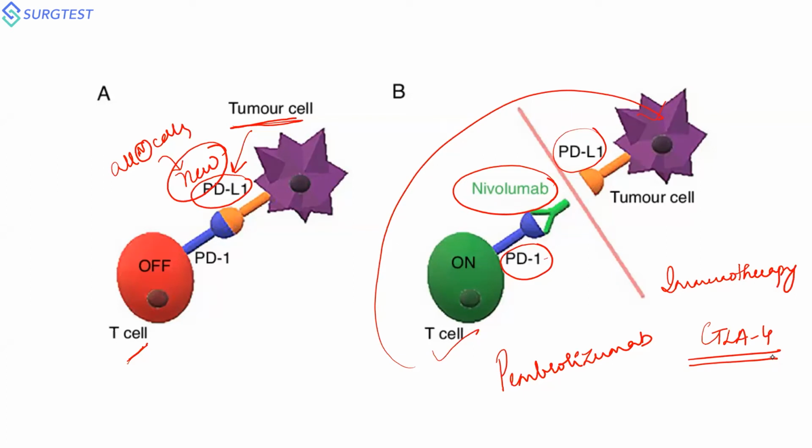What happens when you give nivolumab is there will be an inhibition of the receptor on the T cell which normally binds to your PD-L1. So PD-L1 is not being bound, so the cell does not identify it as a normal tissue, and there will be tissue destruction. The same mechanism, same theory happens for CTLA4.